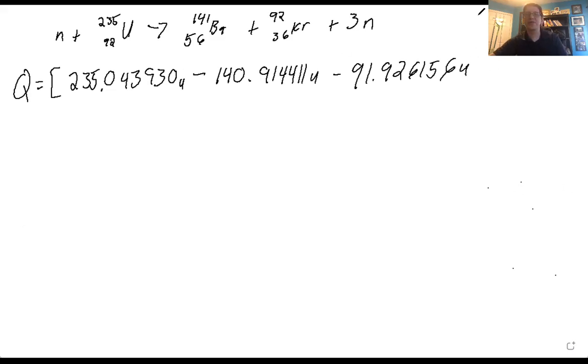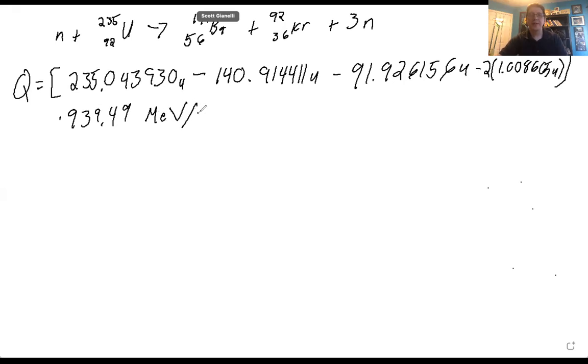And then the mass of the neutron. We basically have a net gain of 2 neutrons, so we'll just subtract 2. And so that's 1.008665, multiplied by 939.49 mega electron volts per atomic mass unit. And let's see what we wind up getting.